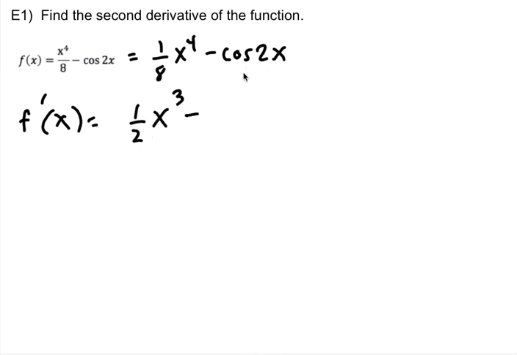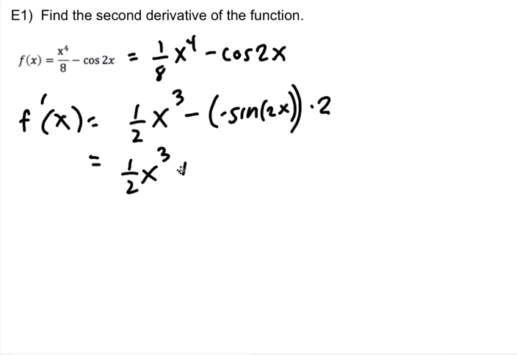And then when I differentiate this, it's going to be a chain rule, right? The derivative of cosine is negative sine of the stuff, but there's stuff inside the cosine, so I have to multiply by that derivative, which would be 2. So before I differentiate again, I'm going to clean this up and make this a positive 2 sine of 2x, right? So that's my f prime of x. Now I'm going to differentiate again, right, because it said second derivative.